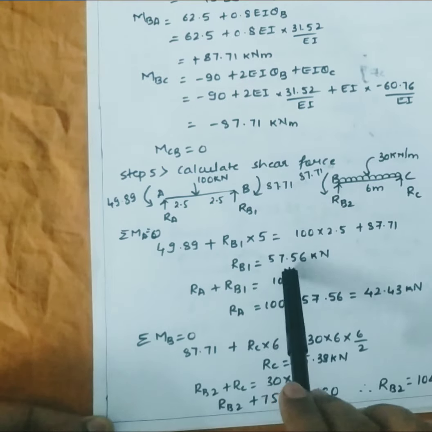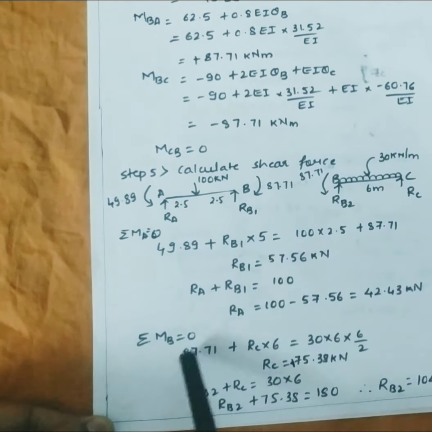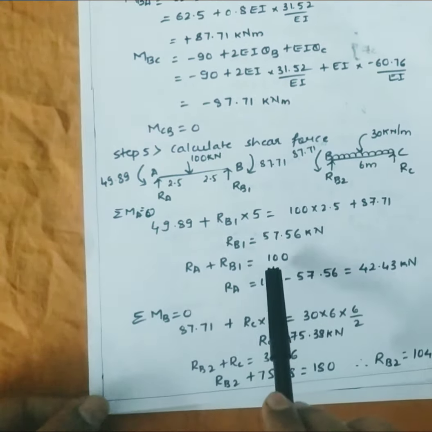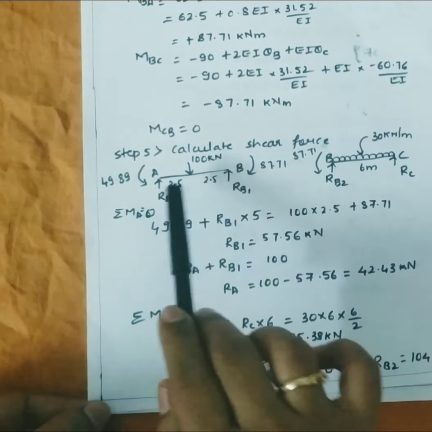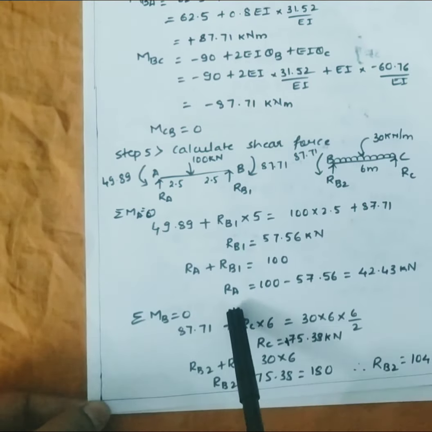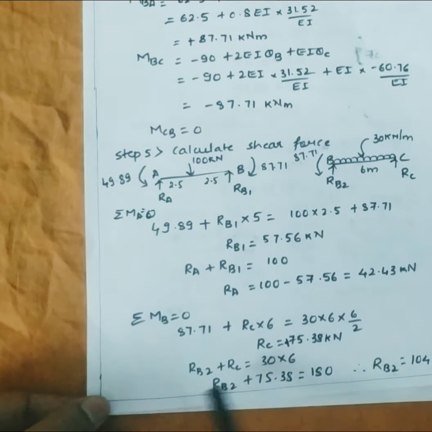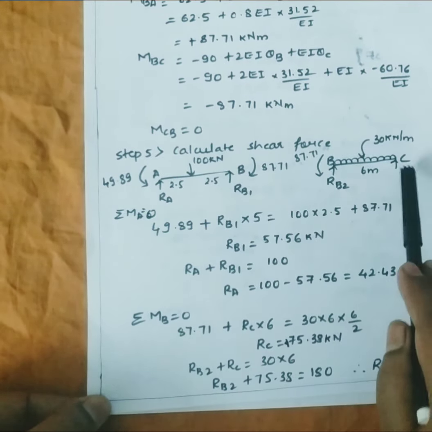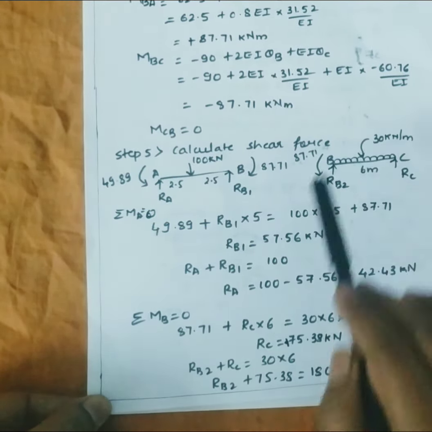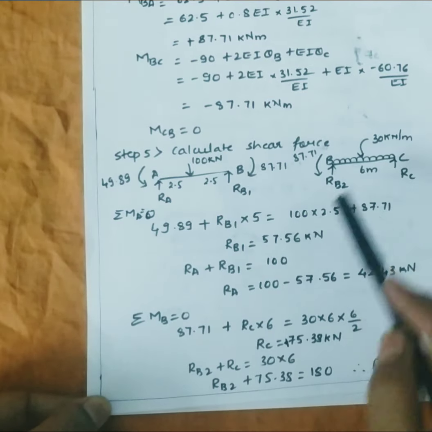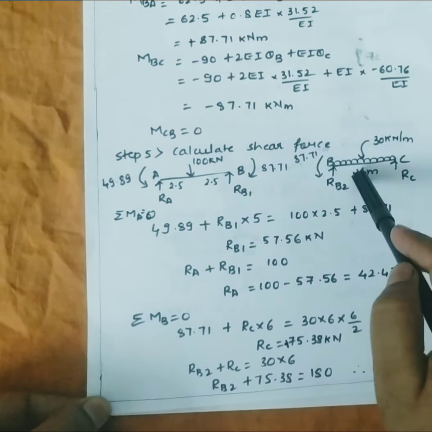So we get RB1 equal to 57.56. Taking summation of vertical forces, RA plus RB1 equal to 100. So RA equal to 42.43 kilonewton.